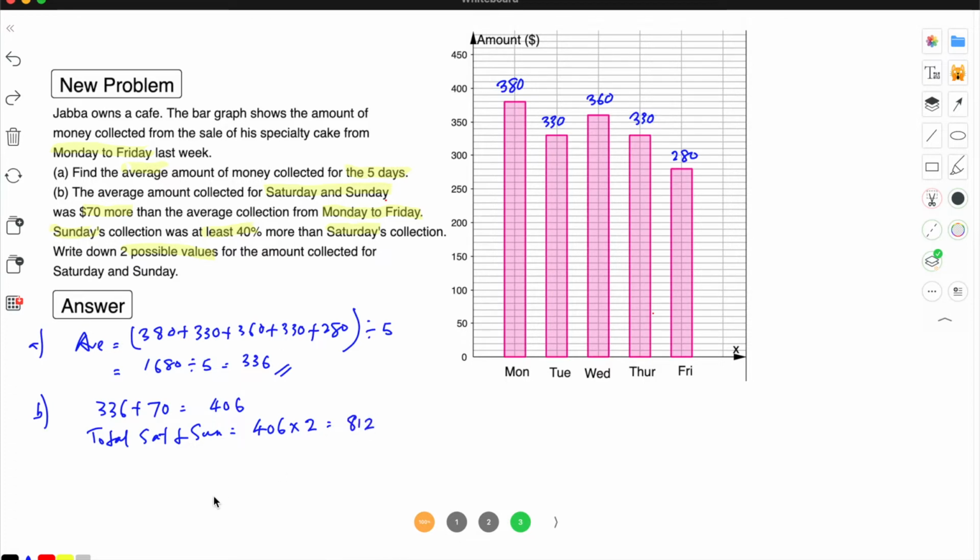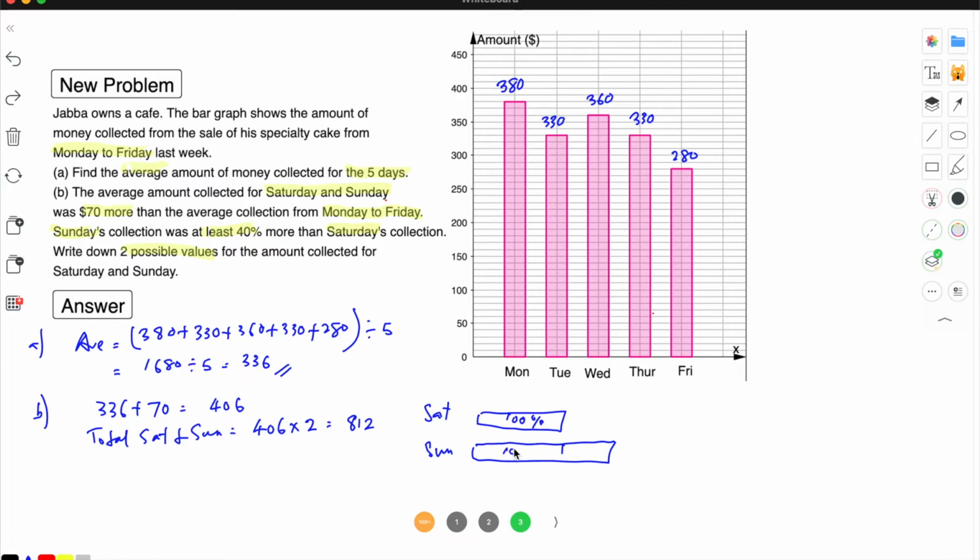Then we are told that Sunday's collection is at least 40% more. Let's draw our simple model for Saturday. If this is 100%, then for Sunday it will be at least 140%.